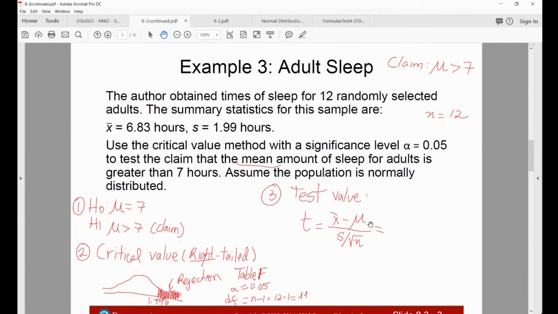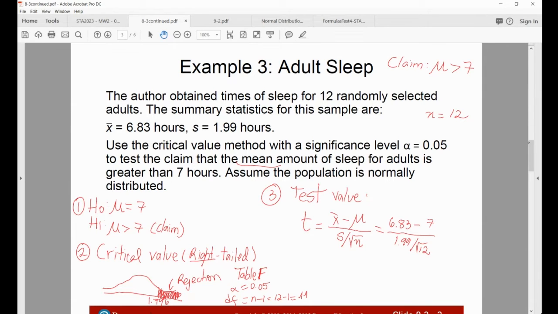What's the value of x bar? It's given, 6.83, minus what's the value of mu in the null hypothesis? Remember, this value is always the one in the null hypothesis, so 7, over the standard deviation, which is 1.99, divided by the square root of 12.